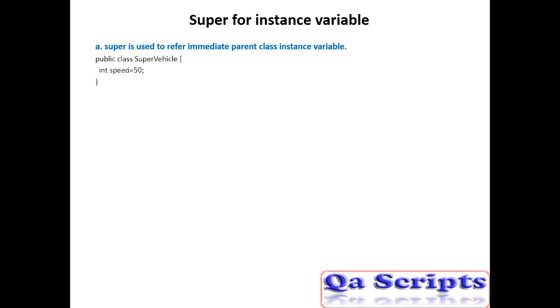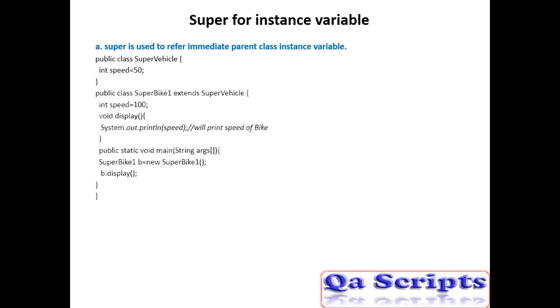Here I have written one class called super vehicle. Inside the super vehicle class I have one integer variable, that is int speed equals 50. The value I have assigned is 50.